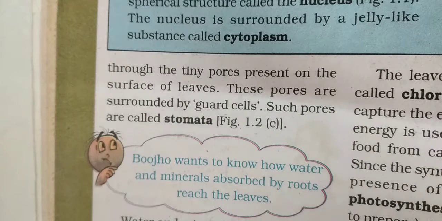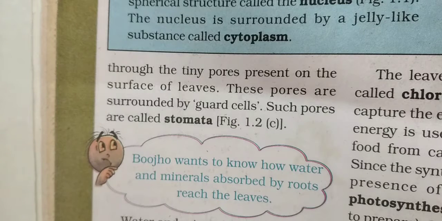Now, from where do the leaves exchange gases? There are pores present in leaves, and these pores are called stomata. These pores are surrounded by guard cells, which help the pores or stomata to take in carbon dioxide from the atmosphere.